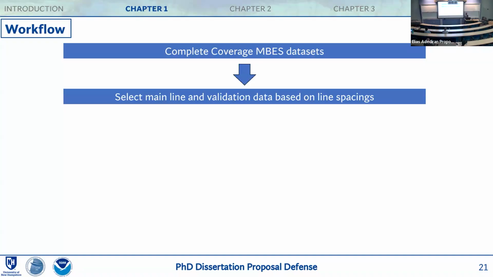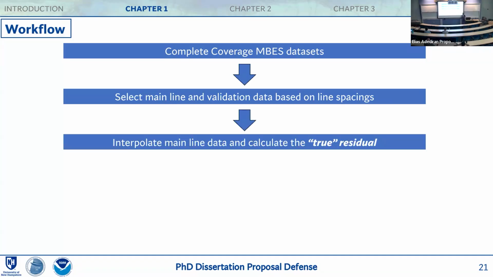The line spacing, we've selected to range from 2 to 6 times the average depth in the area. We use that line spacing to select the main lines, and the remaining data set becomes the validation data set to test the interpolation uncertainty that we've estimated.